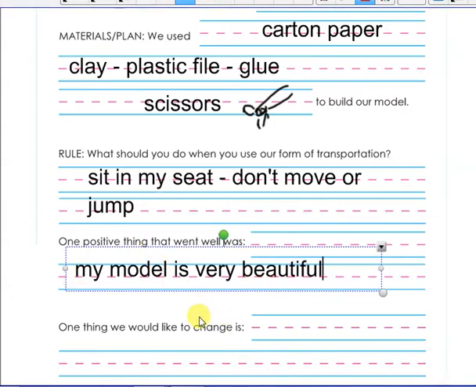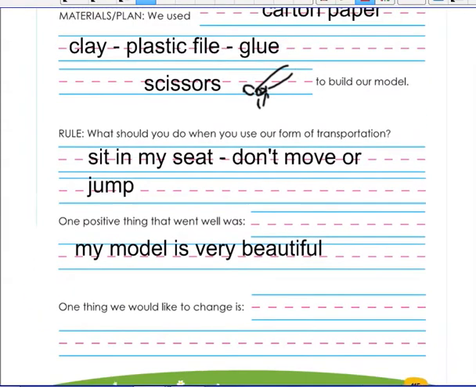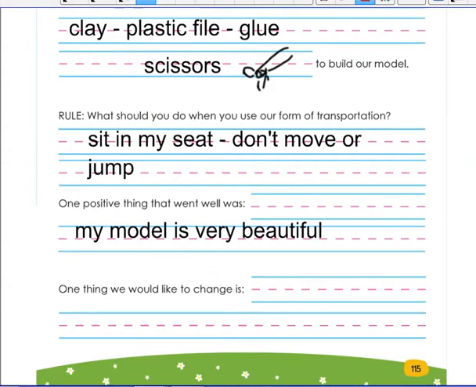One thing we would like to change: we can change carton paper with what? We can change carton paper with wood, right? Or with metal. But wood is safe, yes, and metal is dangerous because it is hard, right?